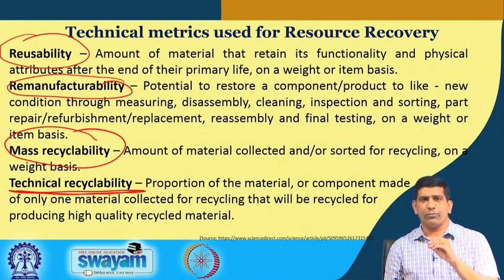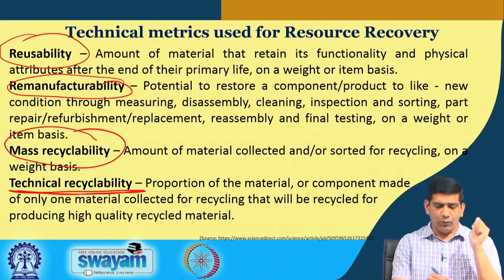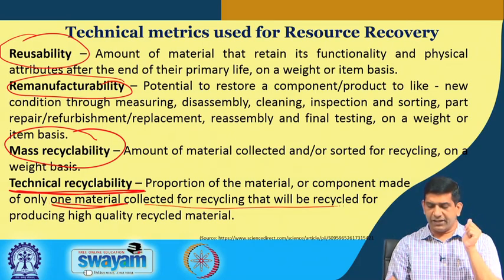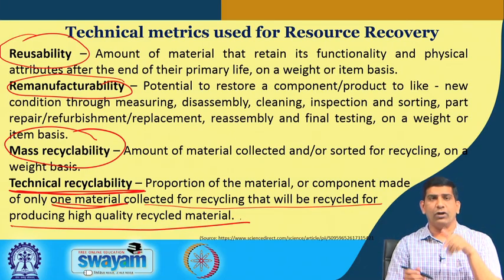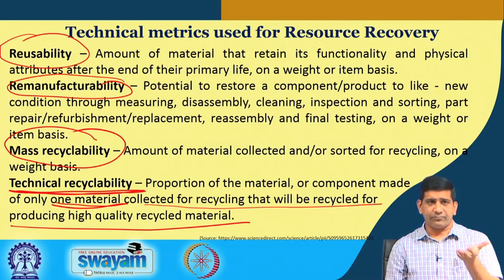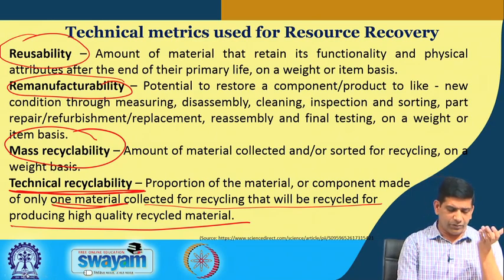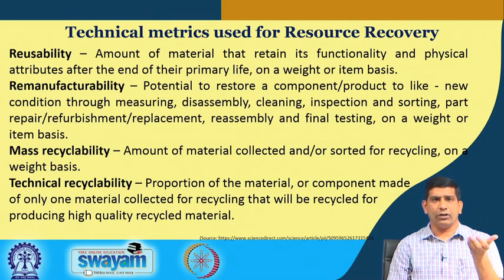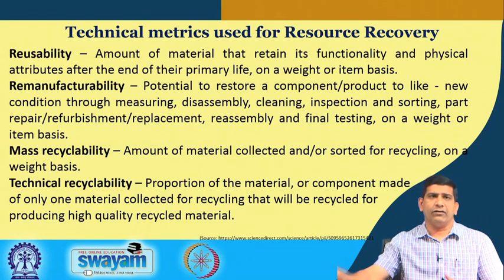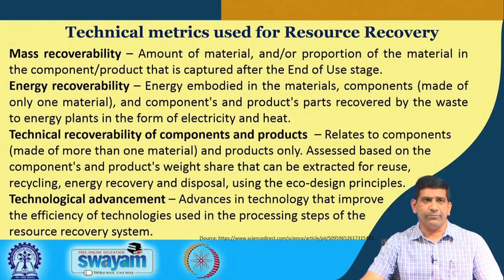So it's the proportion of material or component made of only one material which is collected for recycling and will be recycled to produce high quality recycled material. That's your technical recyclability for that particular stream.